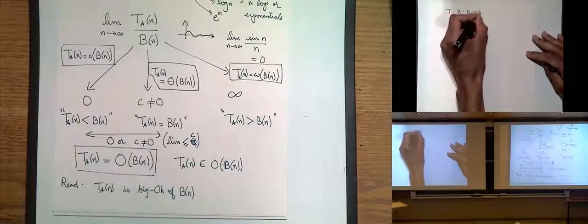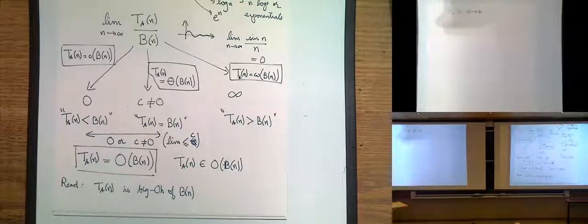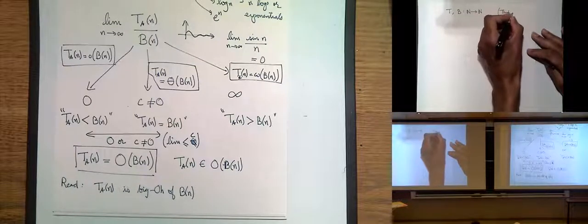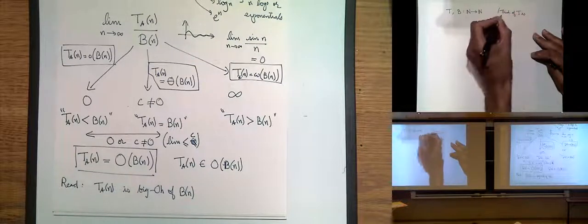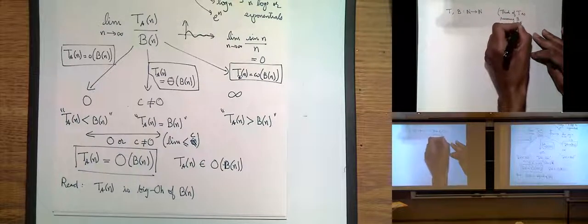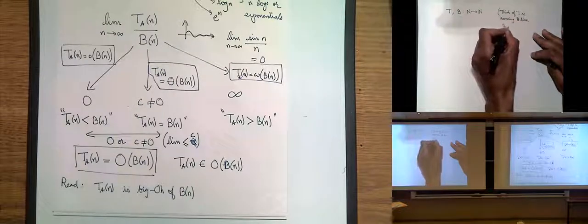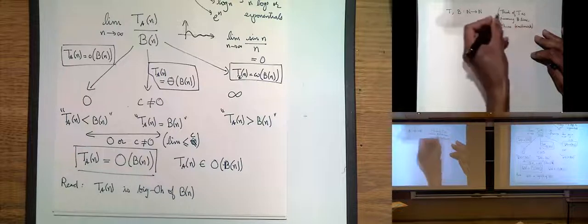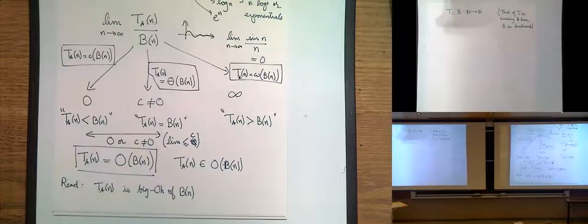These are natural numbers to natural numbers. So think of T as running time, and B as a benchmark. Again, this is the way you should think about it, although the notation has nothing to do with it. You can do this for any two functions.